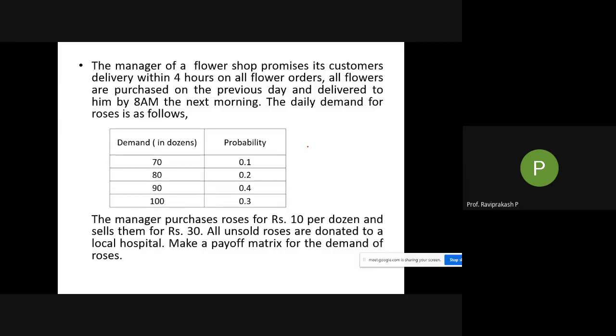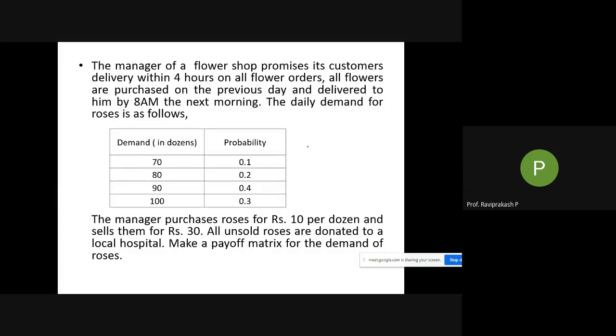The manager purchases roses for rupees 10 per dozen and sells them for rupees 30.